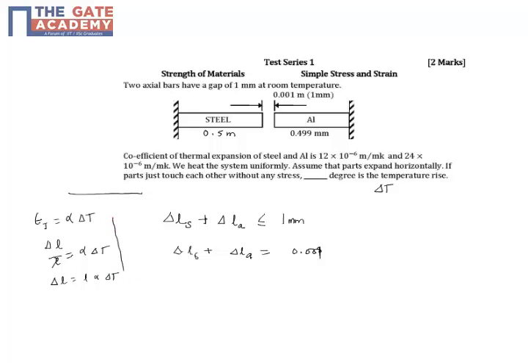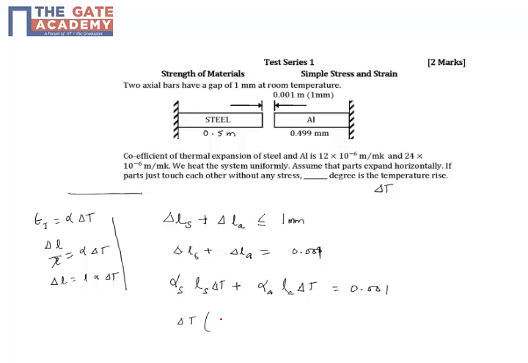Keeping this in mind, delta L of steel is alpha S times length of the steel times delta T, plus delta L of aluminum, alpha A times length of aluminum times delta T. Both are heated uniformly and have the same temperature, so delta T is the common thing.